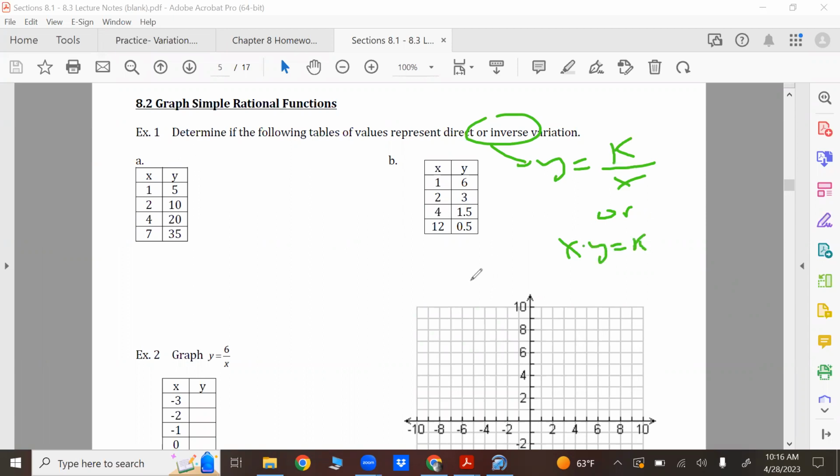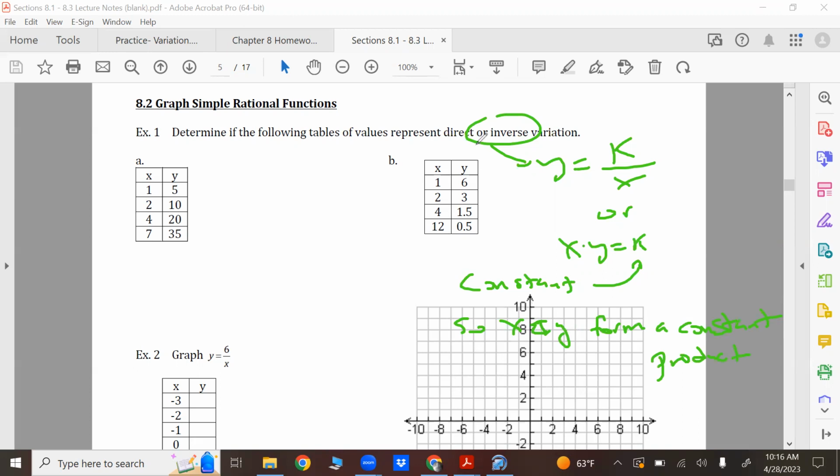So in this case, you're going to have a constant. That's your constant, right? So x and y form a constant product.